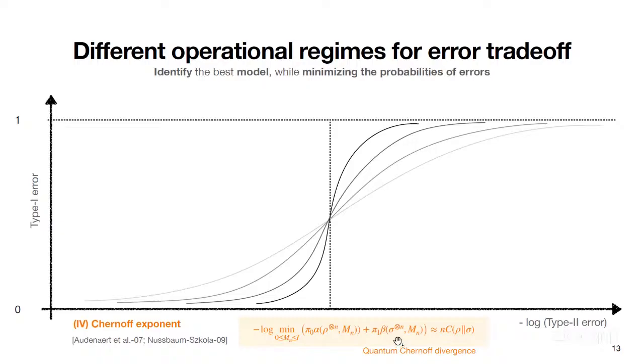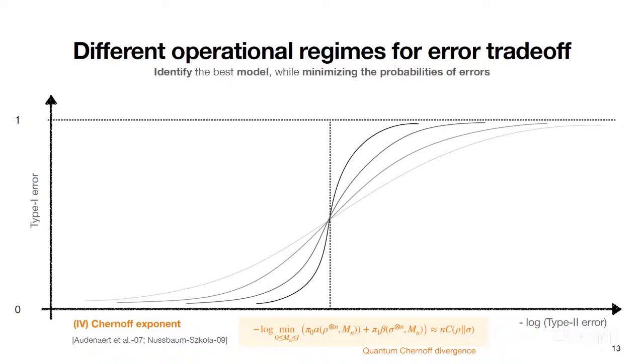And you observe the asymptotic behavior when n goes to infinity. So essentially, this one will be characterized by the quantum Chernoff divergence, another divergence between rho and sigma. Okay, so this is a contribution by Audenaert, Calsamiglia, and others.